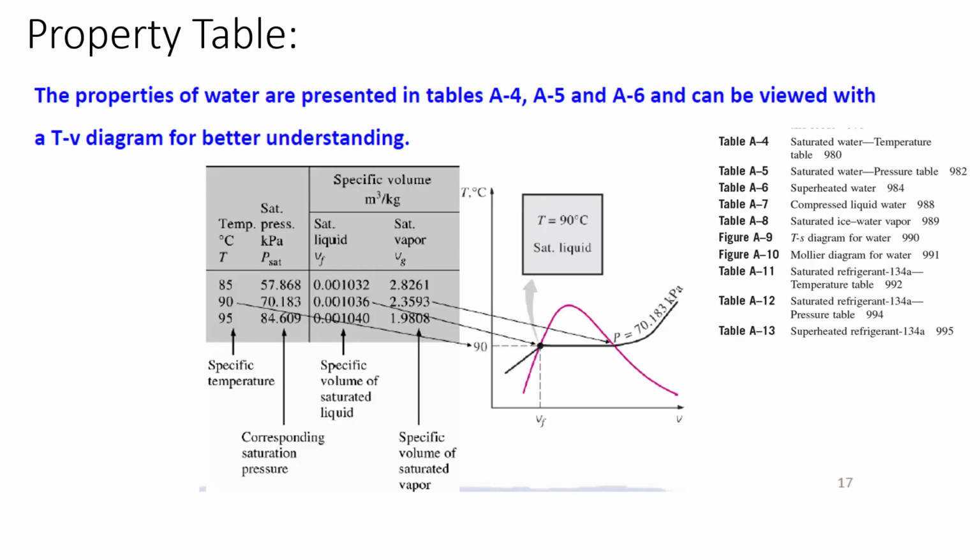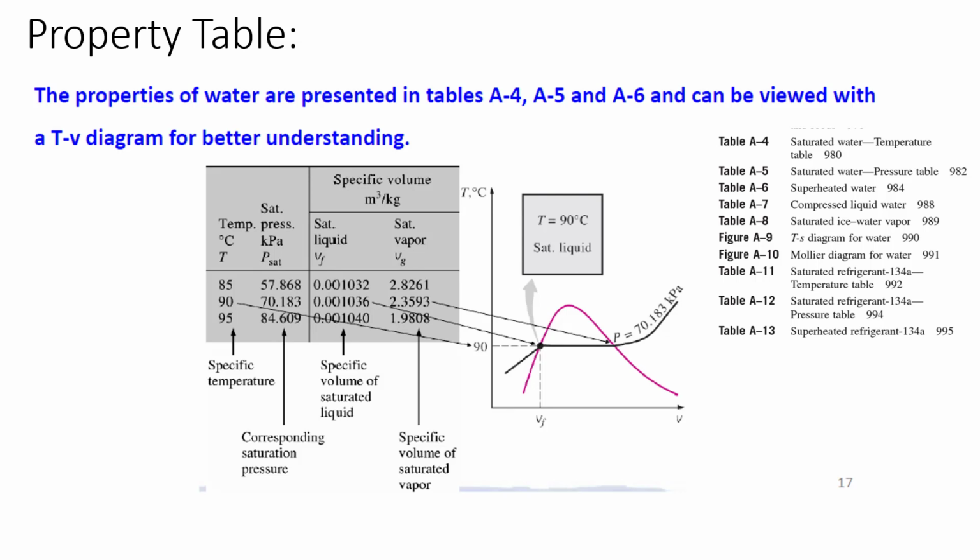Alright, the property tables that we'll be using are A4, A5, and A6 for H2O, and A11, A12, and A13 for refrigerant R134A. Okay, these are the only two types of pure substance that we'll be using for our class. It is wise to use the property table to draw the TV or PV diagram, first to determine where the data can be taken. I hope you still remember how to take the data as we already discussed it in the previous class. If some of you have difficulties remembering, please refer to Thermodynamic MOOC Learning Activity 2.2.